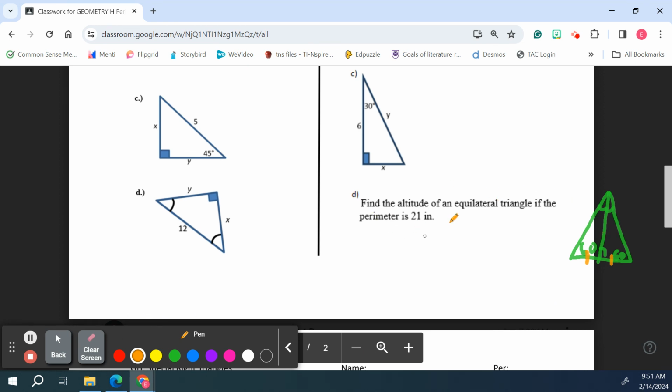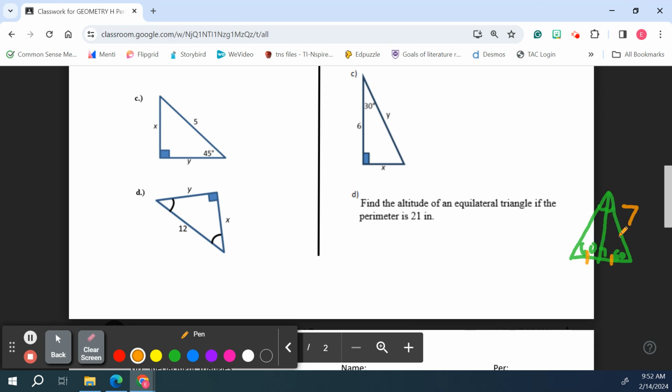Now, if they're saying the perimeter is 21 inches, what is this side going to be? Abigna. What's this side going to be? 7.